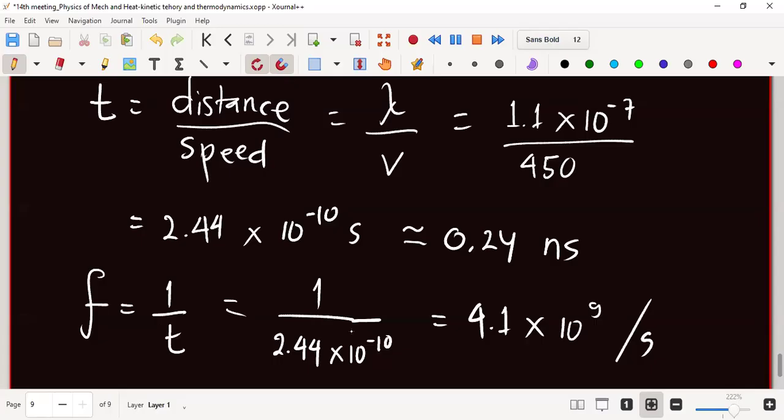Okay, then we continue to the distribution of molecular speeds. The distribution of molecular speeds.